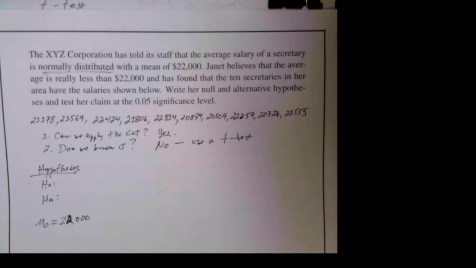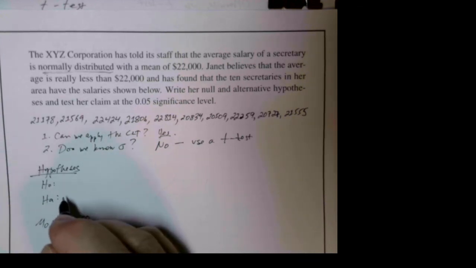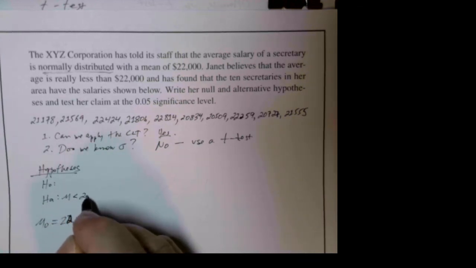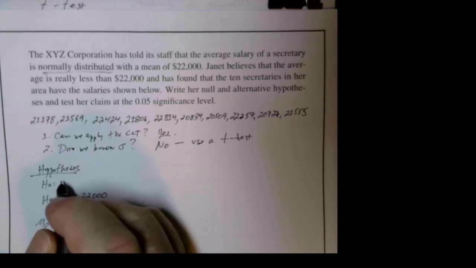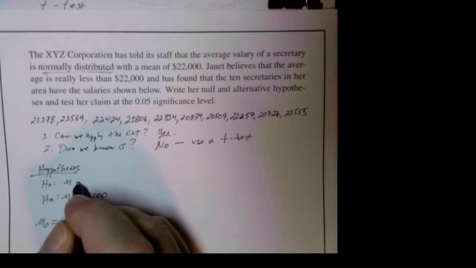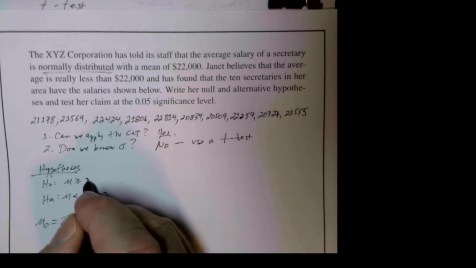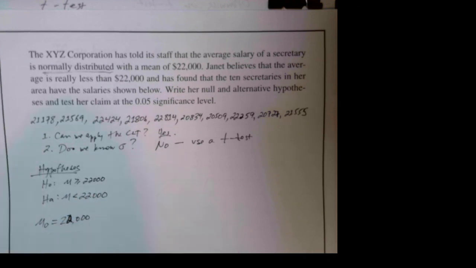What we're told to do is, when we're given data, to go with the wishes of the researcher. Janet here believes that the average salary is really less than 22,000. So that's going to be her alternative hypothesis. Mu is less than 22,000. And then the null hypothesis has to be the negation of that. Mu is greater than or equal to 22,000.